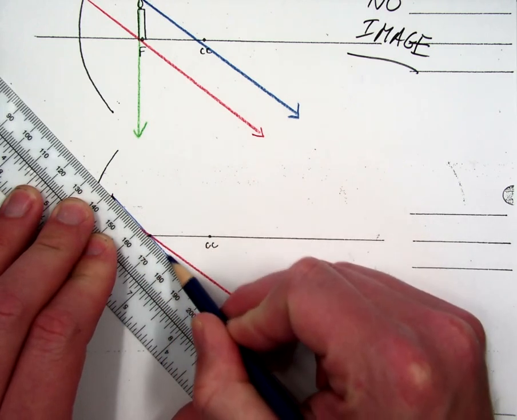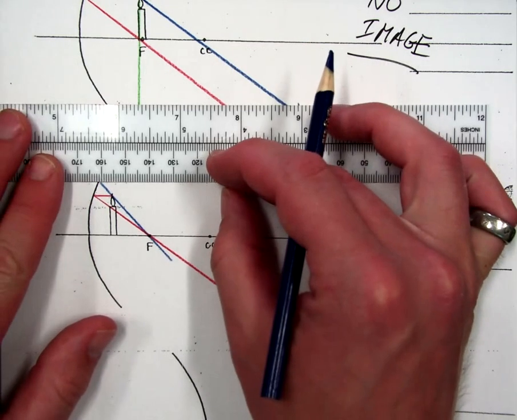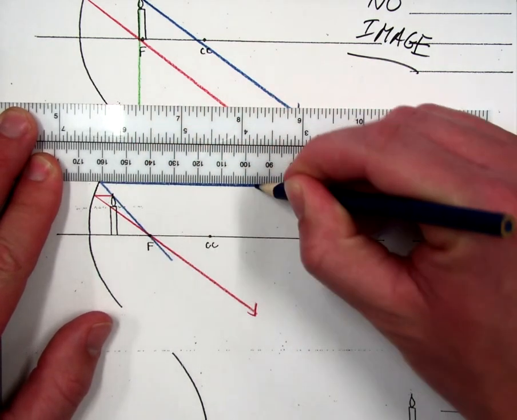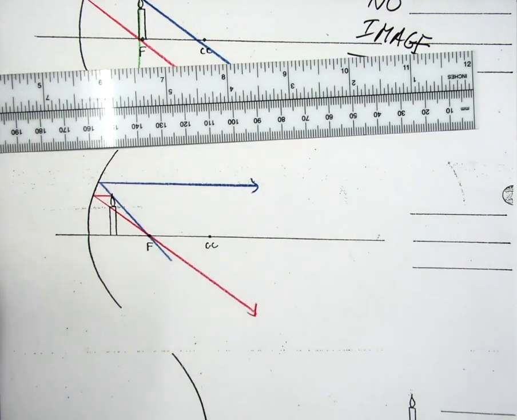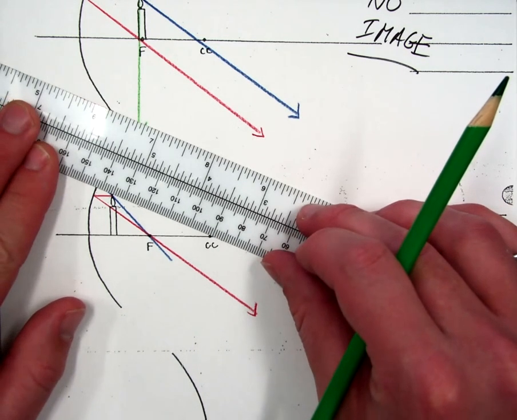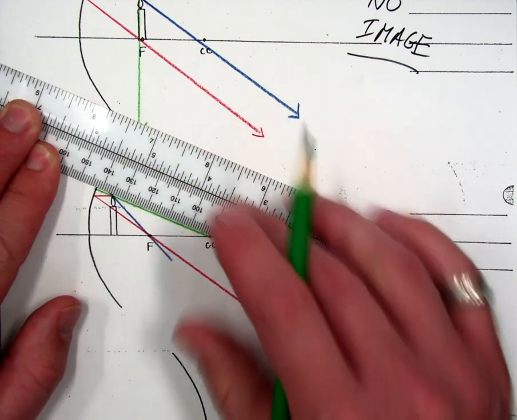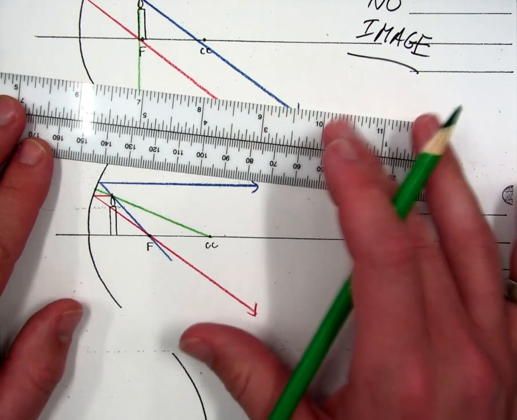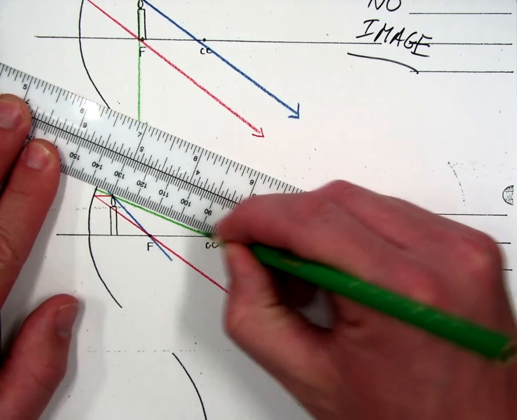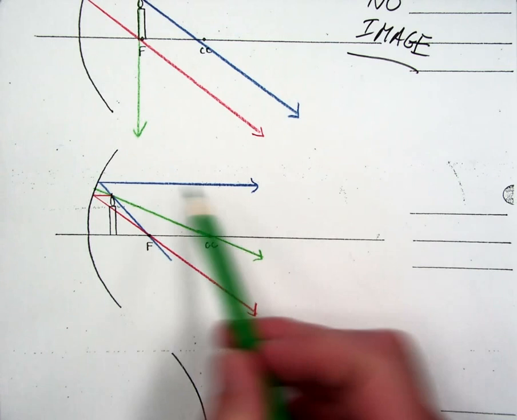So I'm going to go backwards, hit the mirror, and now bounce off the mirror parallel. Remember, from the focal point hitting the mirror, it will come out parallel. And my third ray would go toward and back from the CC, and that's just not forming anything that is going to collide with those other rays. There's ray 3. So I'm not going to see any collision point here.